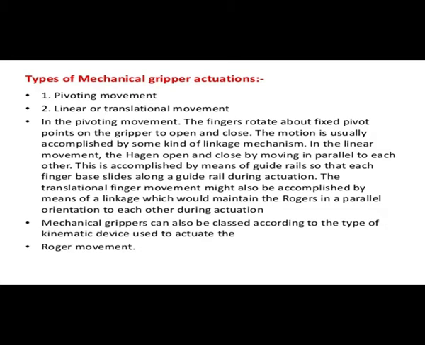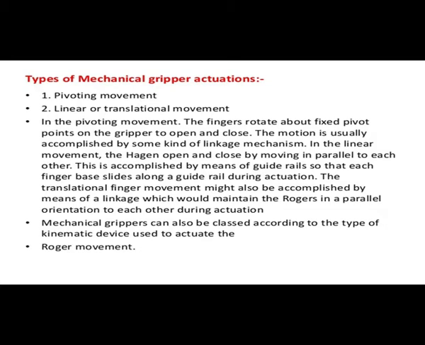In pivoting movement, the fingers rotate about fixed points on the gripper to open and close. The motion is usually accomplished by some kind of linkage mechanism. In the linear movement, the fingers open and close by moving parallel to each other.